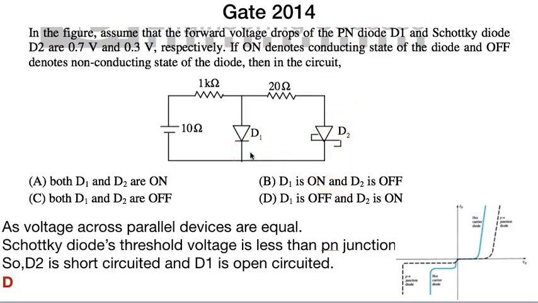We maintain a constant voltage in the parallel junction. The one with 0.3 will be the first to turn on, providing a short circuit, so all the current will pass through it and D1 will never reach its threshold voltage, and it will always remain open circuit.